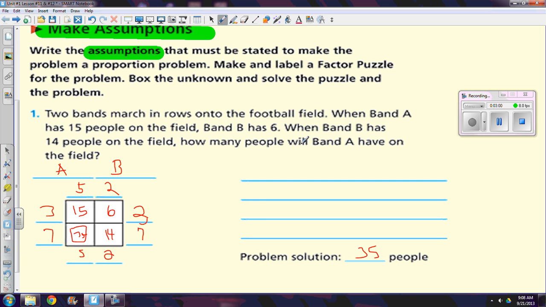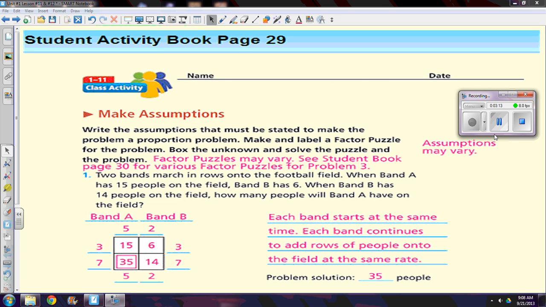How many people will band A have on the field? It would be 35. Now, what are the assumptions? That's the tricky part. All right, over on the right, you can see what the answer key has. It says each band member starts at the same time. Each band continues to add rows of people onto the field at the same time.